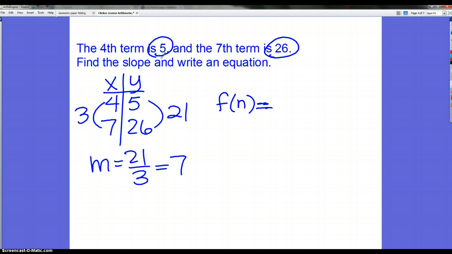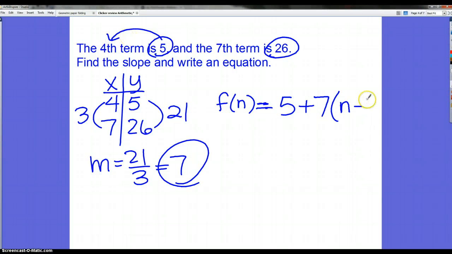So I can use either one of those numbers. I prefer to use 5, it's smaller, plus the slope. And then n minus, and in this case I use the fourth term. So I'm going to minus 4, and that would be the equation.